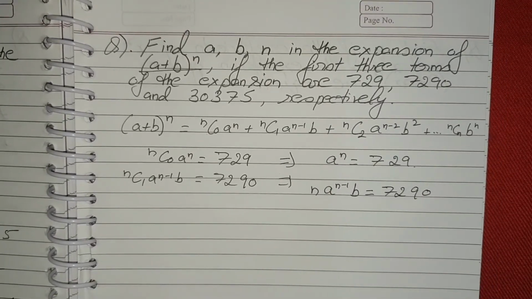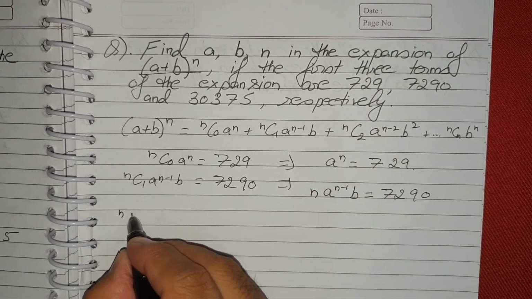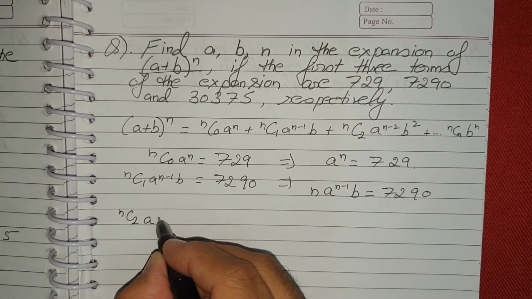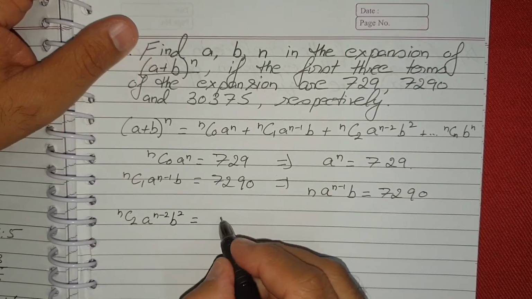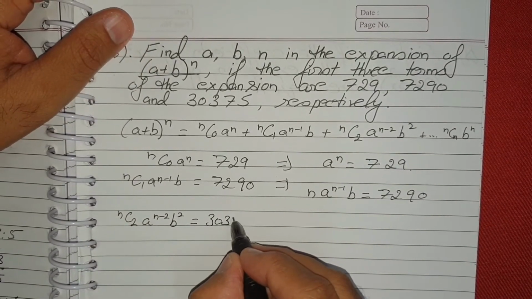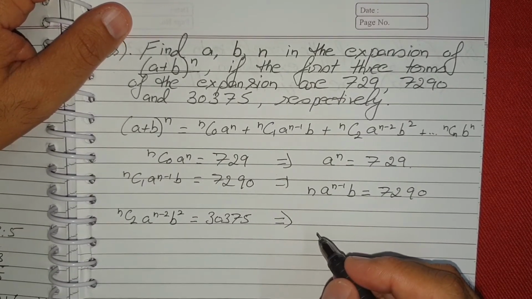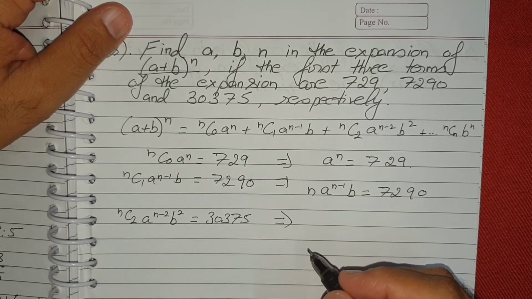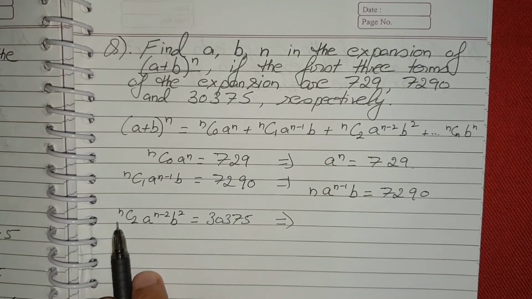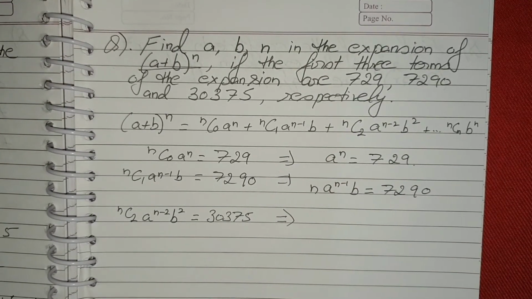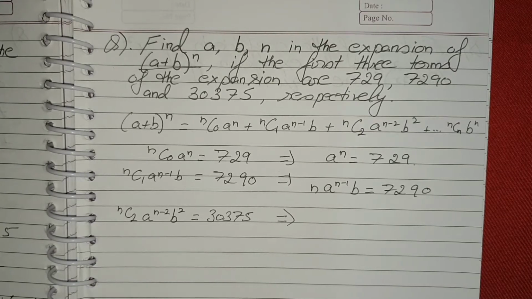Okay. Now third term is nC2 a to the power n minus 2 b square equals 30375. So we know that, what is nC2? nC2 we could write as n factorial upon 2 factorial into n minus 2 factorial.